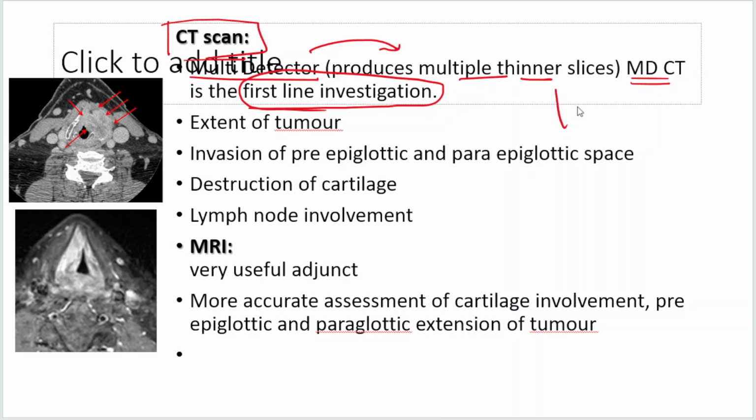If you want to check the larynx of this patient, you can get slices very close to each other, which gives a more complete picture of the disease. You can see the extent of the disease, whether it has invaded the pre-epiglottic space, the paraglottic space, or the pre-vertebral space. This way you can find out the extent of the tumor.